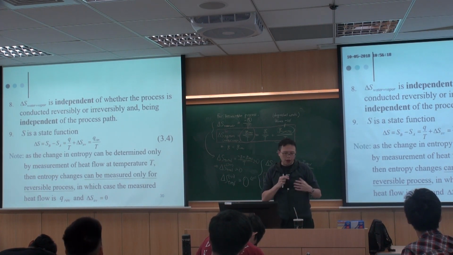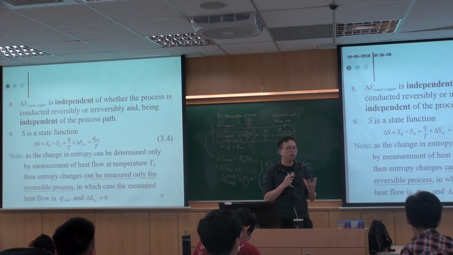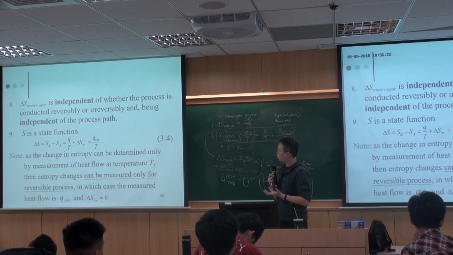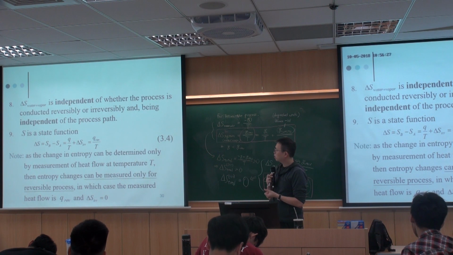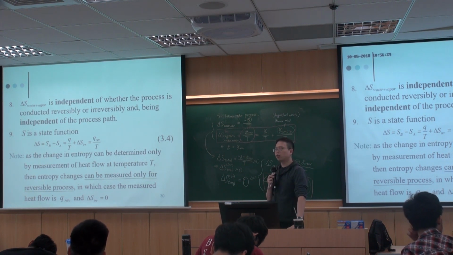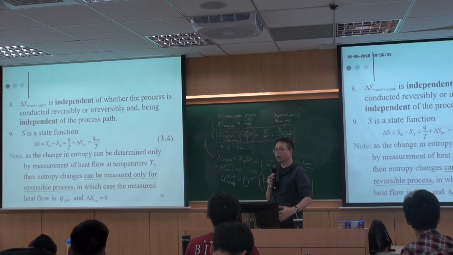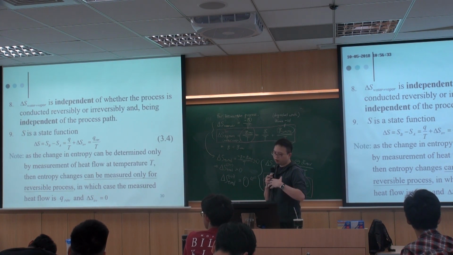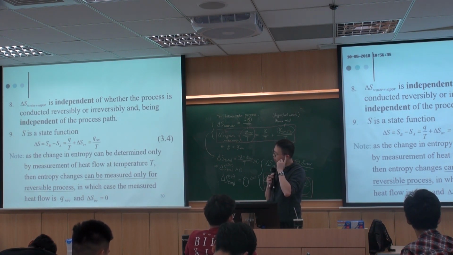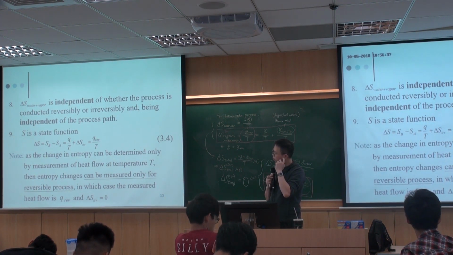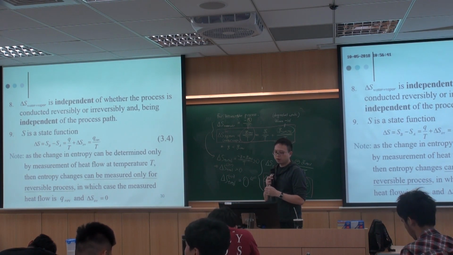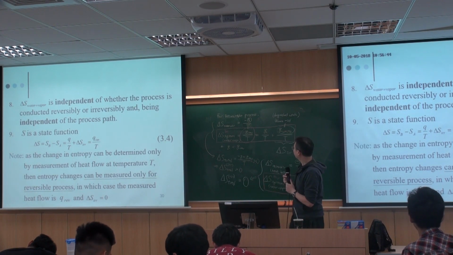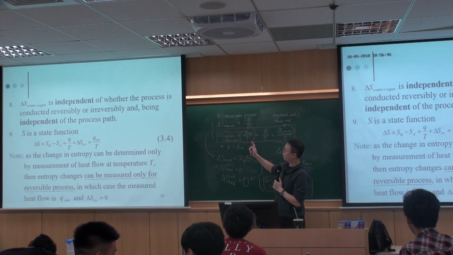So in terms of measurement, typically we want to make this process as close to a reversible process as possible. If your process is closer to a reversible process, then by measuring the heat being absorbed by the system, or the heat contributed by the heat reservoir, you can identify this term more accurately.